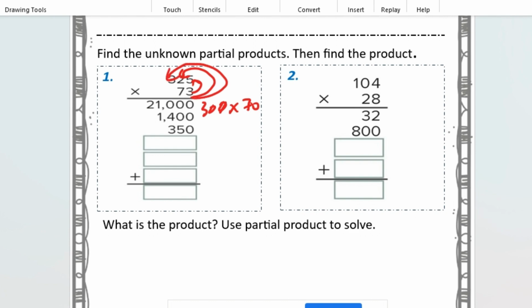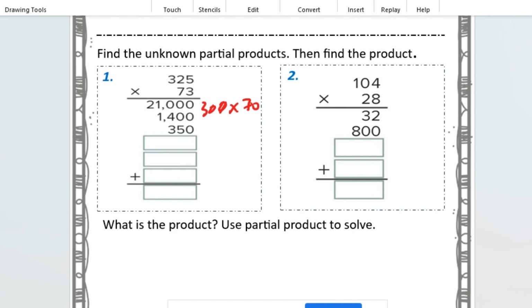So we should have 6 partial products. The first one is 300 times 70. The second one is 20 times 70. The third one is 5 times 70. And then 300 times 3, then 20 times 3, then 5 times 3.